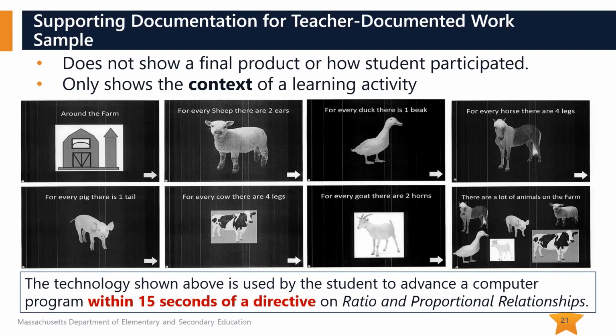So between looking at this picture of what was on each slide on the computer and that other slide, I can see exactly what this student was doing. So around the farm, for every sheep, there are 2 ears. For every duck, there is 1 beak. For every horse, there are 4 legs. You can see exactly what the student was doing here.